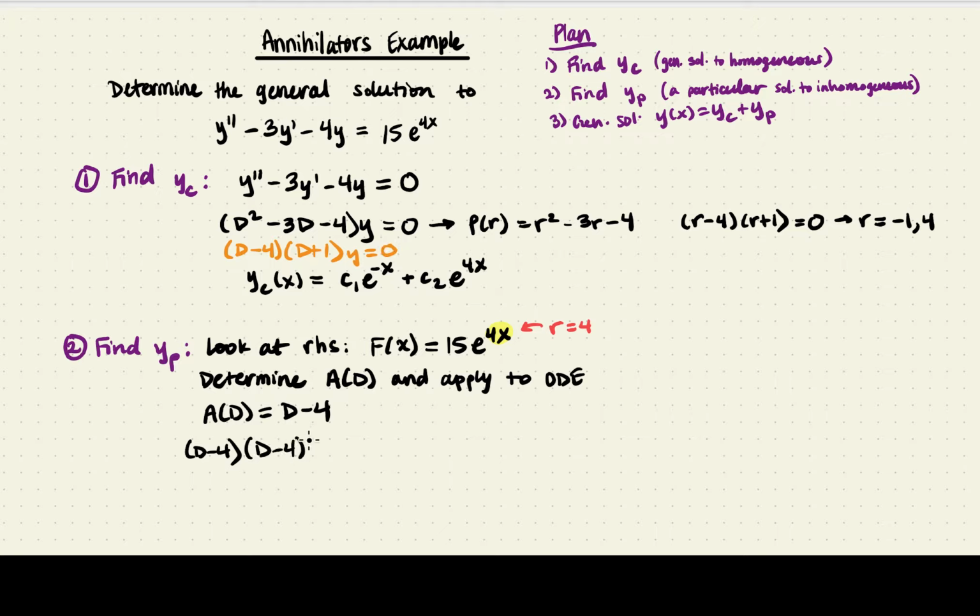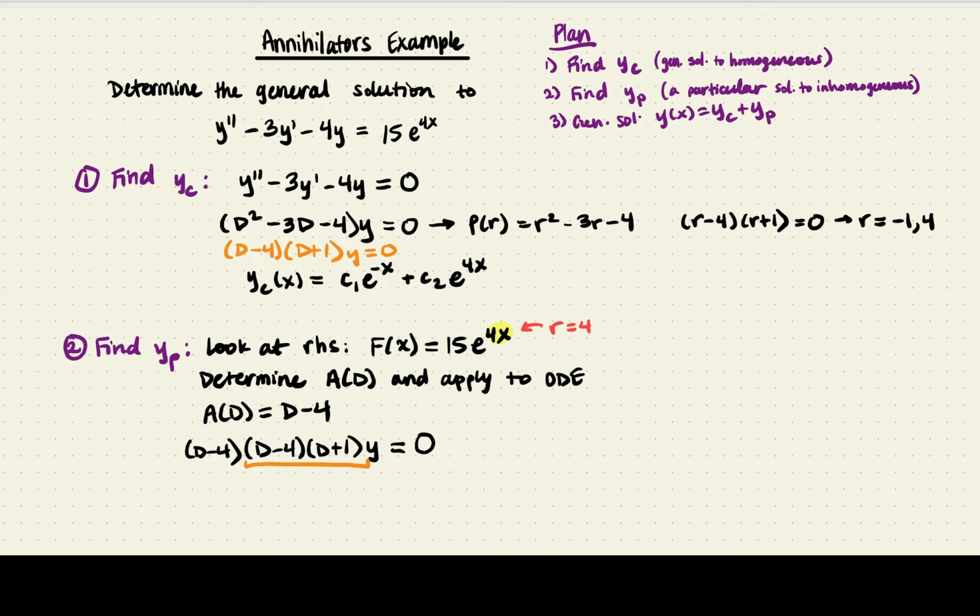So D minus 4, D plus 1, we're applying that to y. And when we apply that operator to the right-hand side, it is an annihilator of our right-hand side, so it actually gives us 0. And just to reiterate, this part here is just the operator from our original ODE. I just factored it.